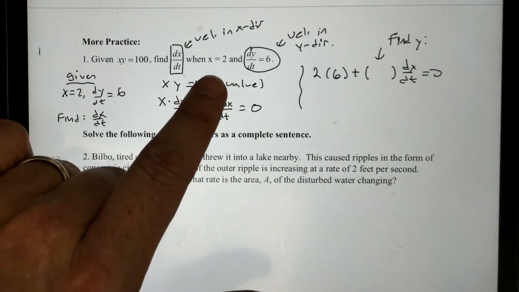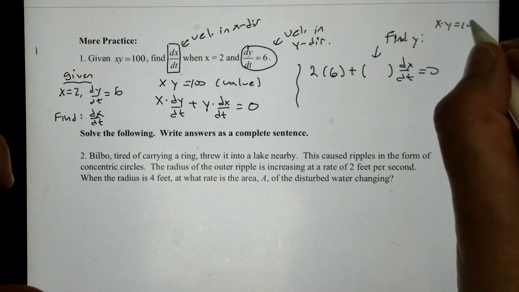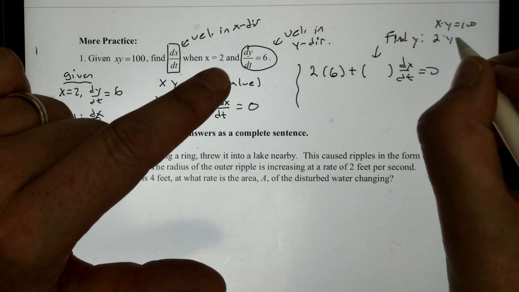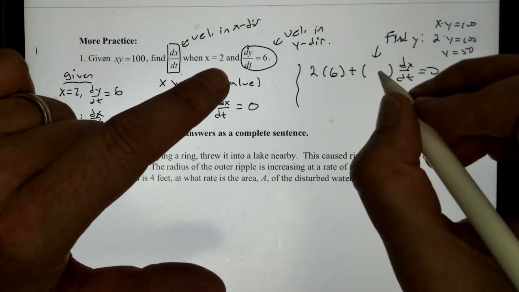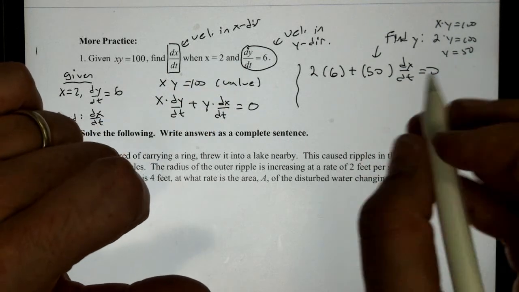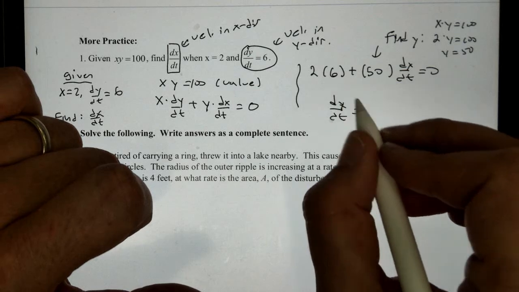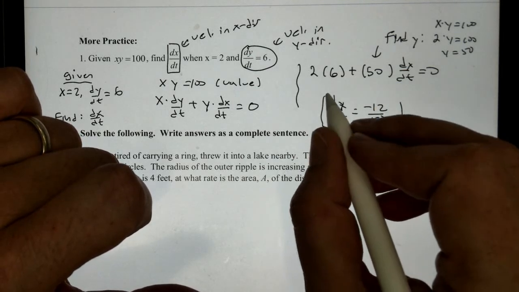I know that x times y is 100, and they tell me x is 2. 2 times y is 100, so y is 50. And I can plug that in right here. And solving for dx/dt, we should get negative 12 over 50.